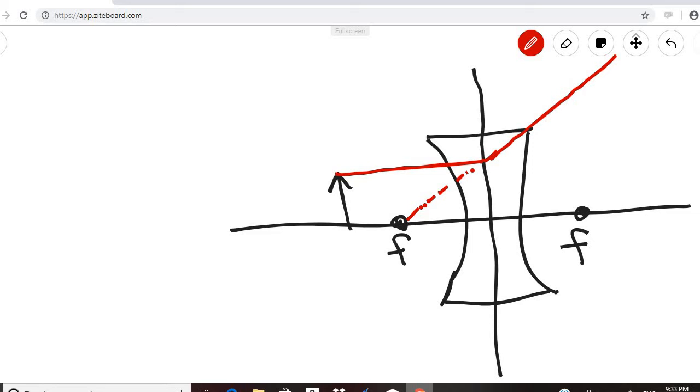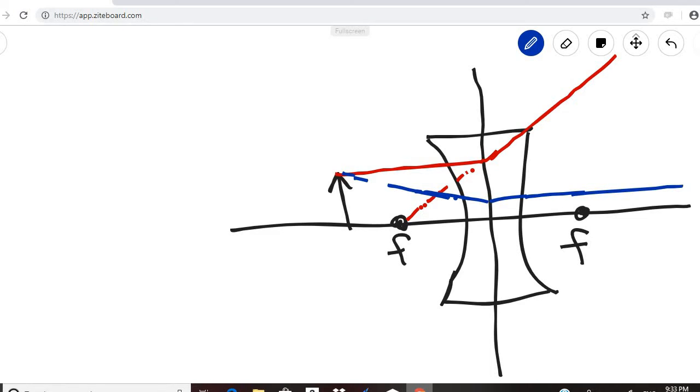Okay, and then the other one would go in as if it were going through this focal point. So we're going to draw that line toward that focal point, and then it is going to exit horizontally.